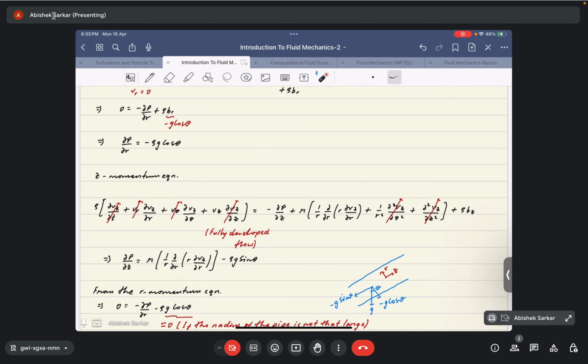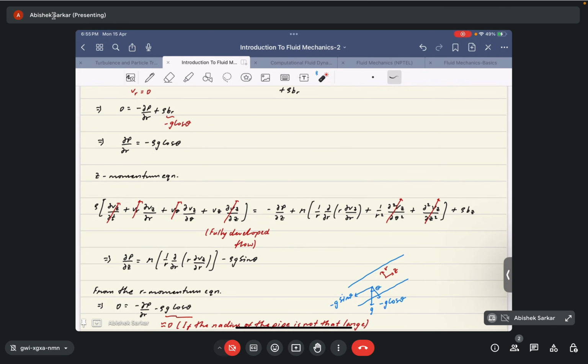Now let's see what terms you can cancel out. It is already cancelled out in this equation, but I will tell you why. Since we know that vz is not 0, we need to know why these terms are getting cancelled out. The first term is cancelled out because the flow is steady. The second term is cancelled out because dou vz by dou r is not 0, but vr is 0.